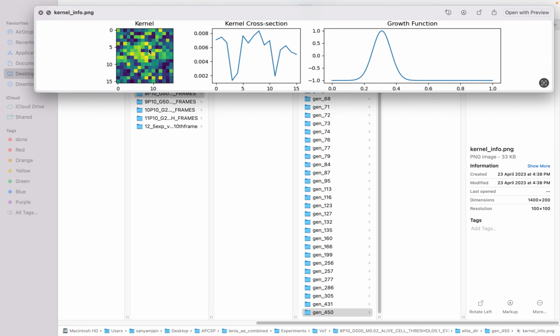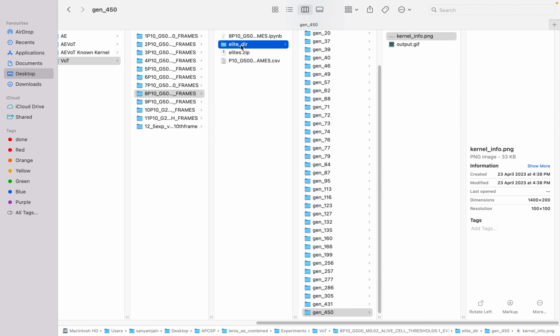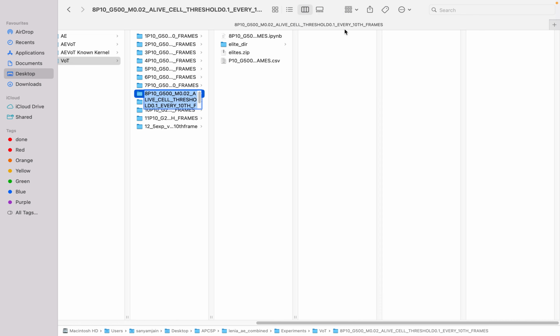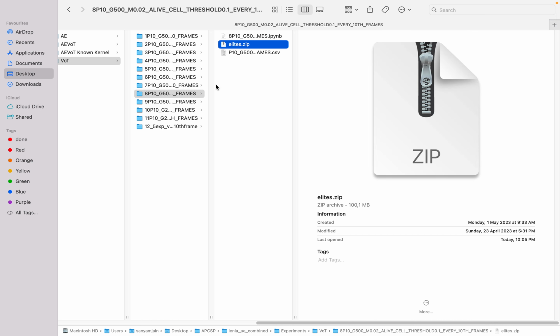Again we can see that the center of mass actually has a density of yellowish pixels here, a good amount of density. In fact this is the configuration that we ran for longer generations, as in 2500 generations.